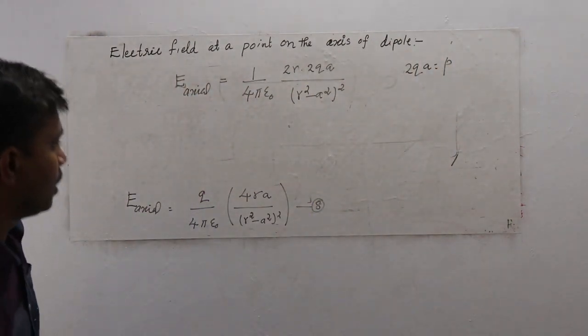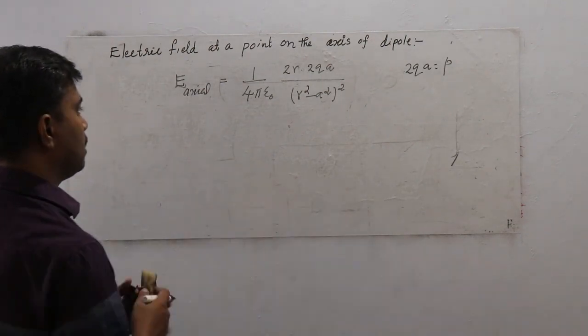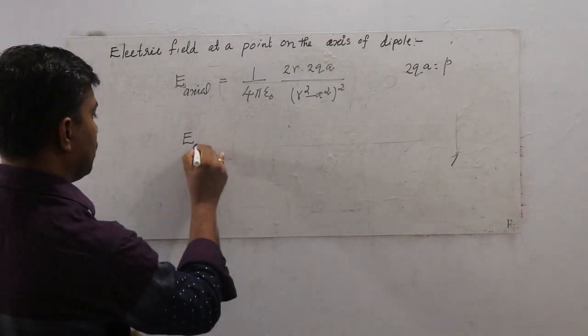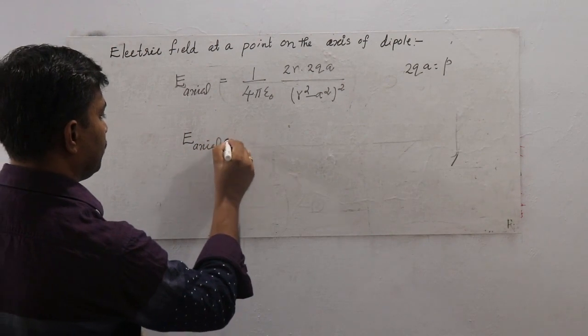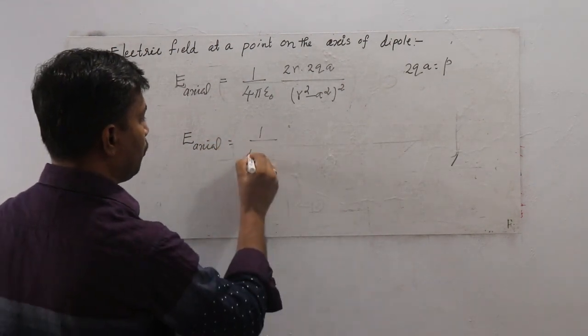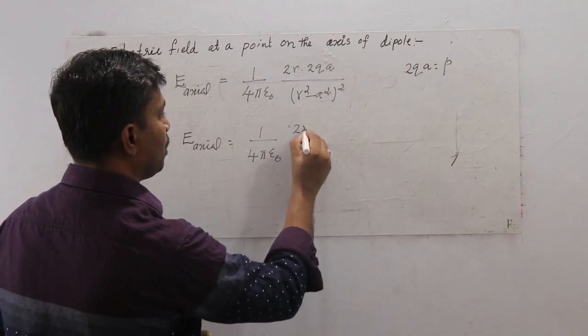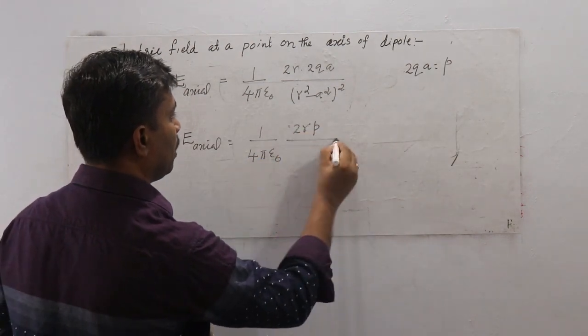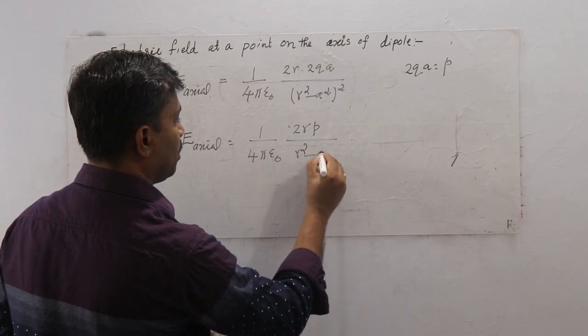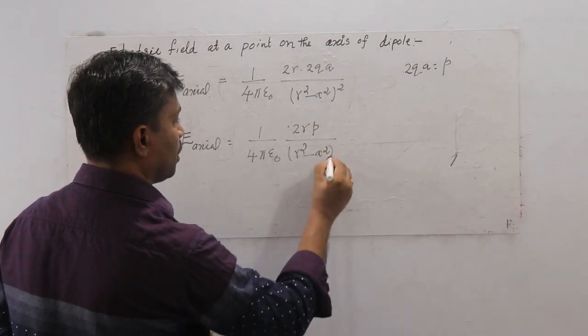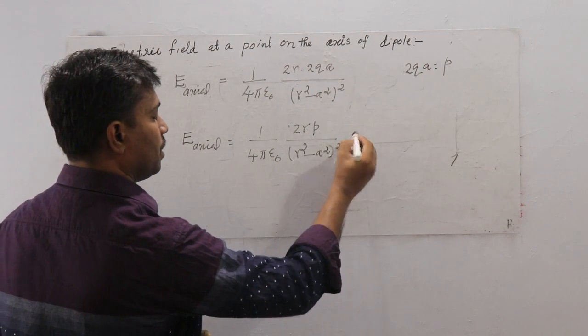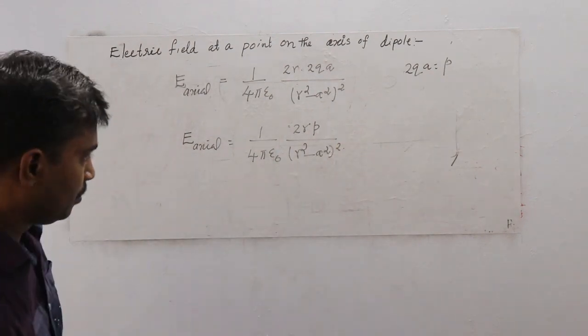So the above equation we can again write like this. E axial is equal to 1 by 4 pi epsilon 0, 2Rp by (R square minus A square) whole square. This is equation number 9.